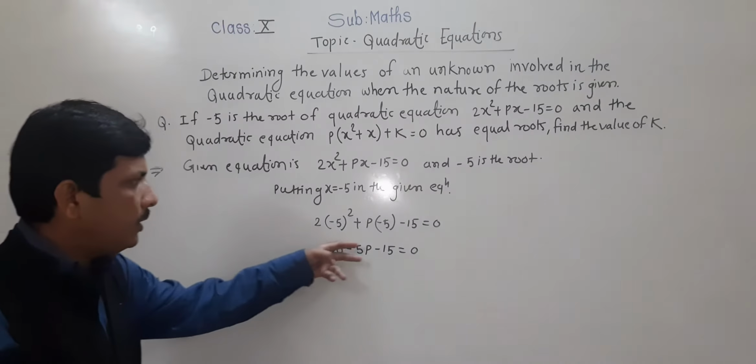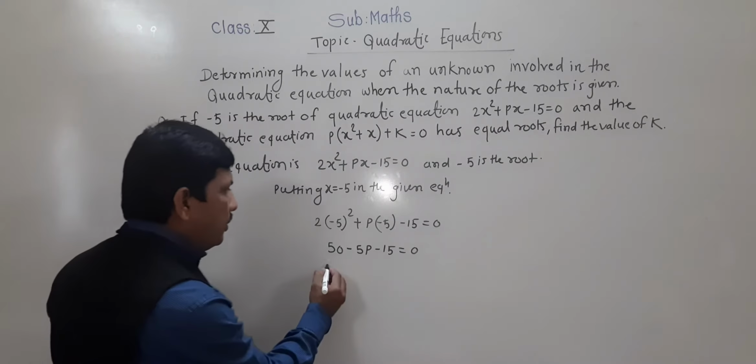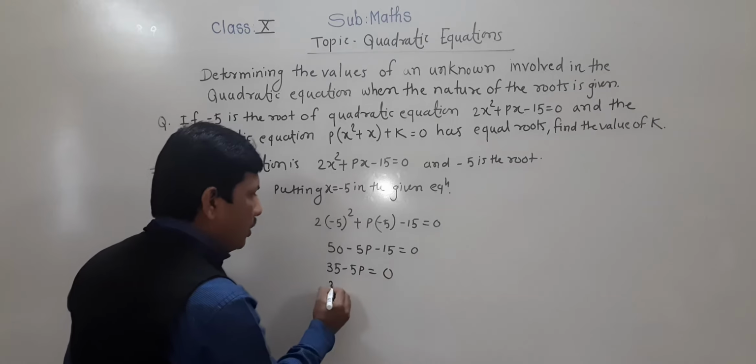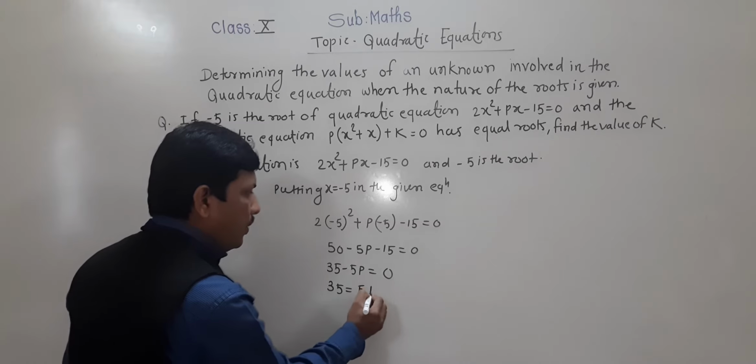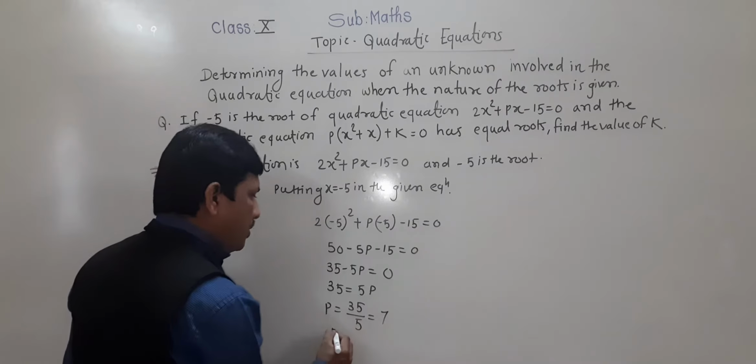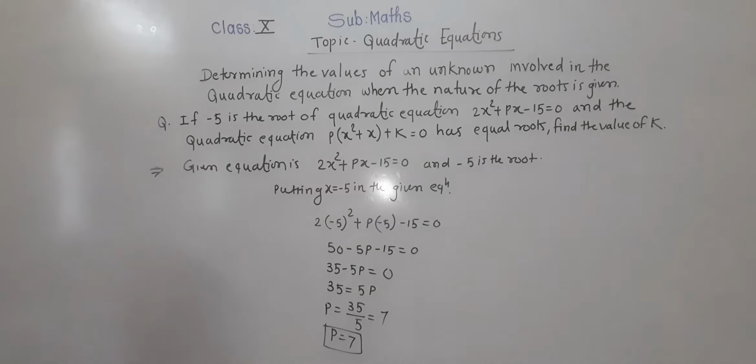So 35 minus 5p is equal to 0, so 35 is equal to 5p. So p is equal to 35 divided by 5. 5 sevens are 35, so p is equal to 7. The value of p is 7.